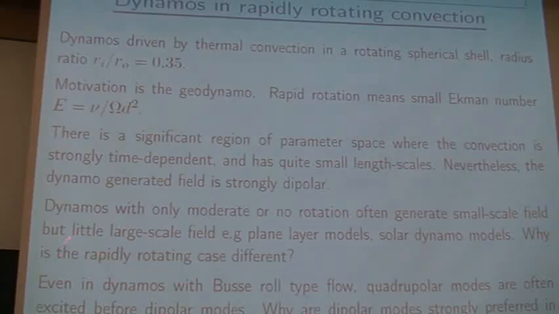Another interesting question that comes out of this is that dynamos with only moderate or no rotation will often generate small-scale fields, the small-scale dynamo, but often have difficulty producing much large-scale field. Plain layer dynamos typically produce quite small-scale fields, and it can be quite hard to get them to produce coherent large-scale dynamo fields.